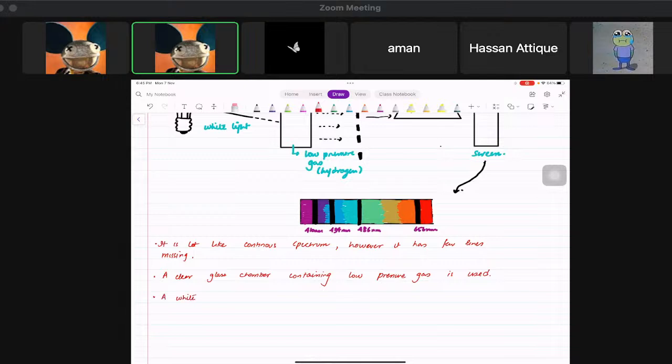A white hot source of light is given to the gas.